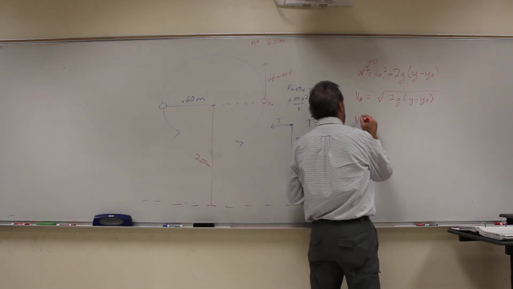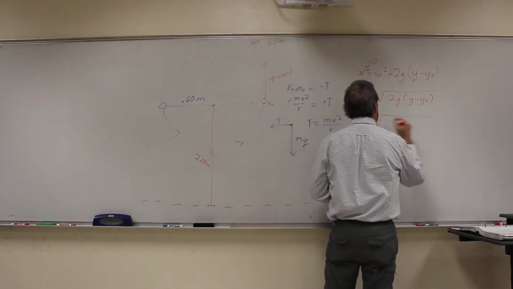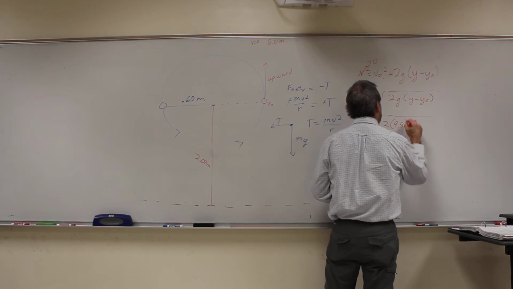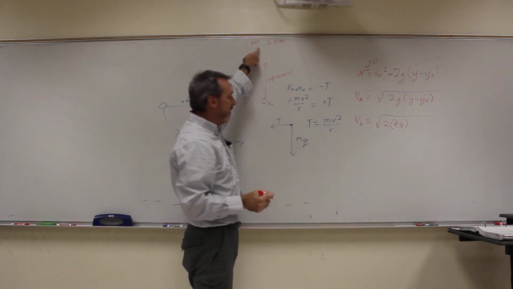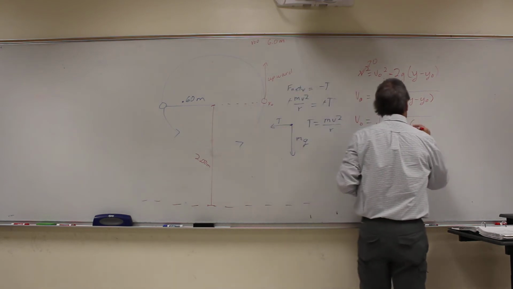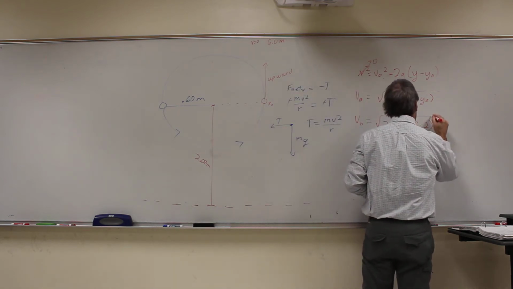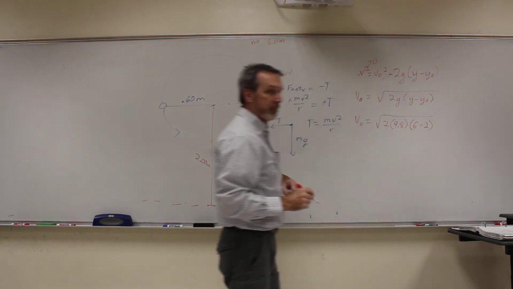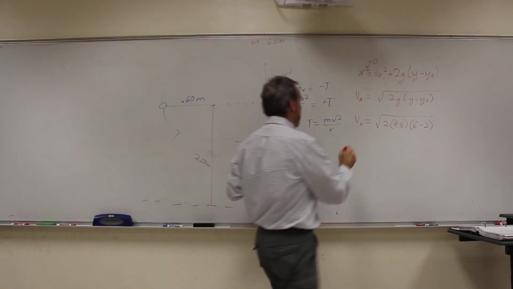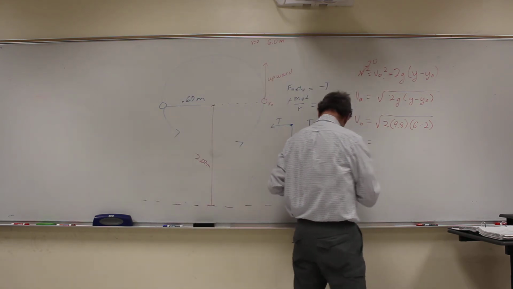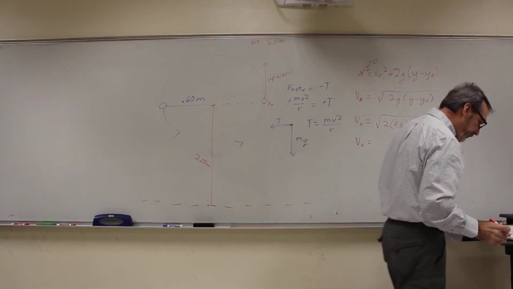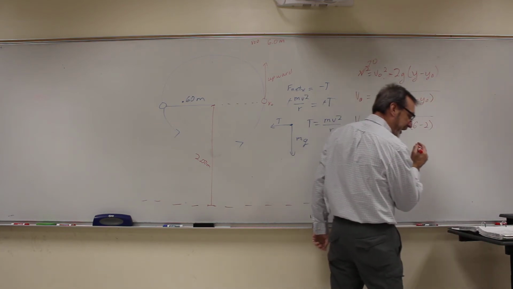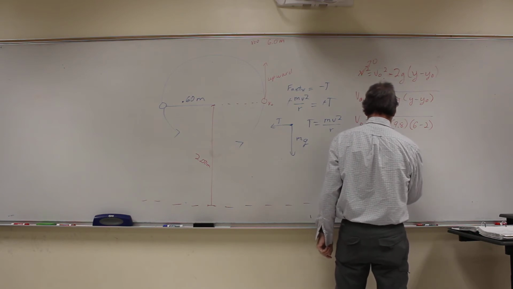Okay, so we have all that. v naught is equal to the square root of 2 times 9.8 times the y final position, which is 6, minus the y initial position, which is 2. And if you solve that, you get that the initial velocity is equal to 8.85 meters per second.